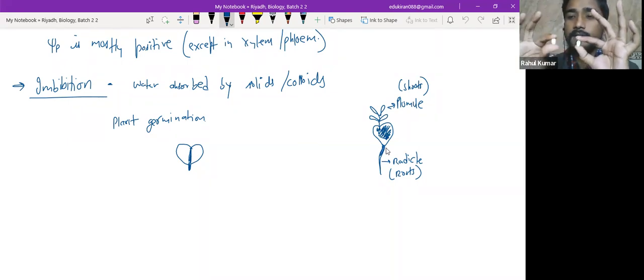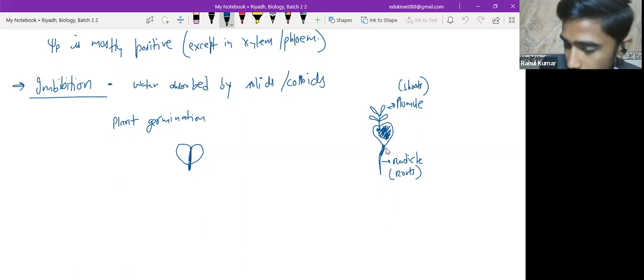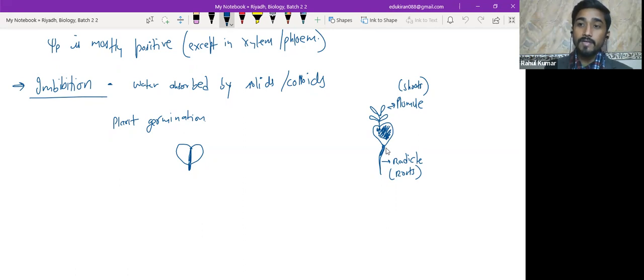Now these parts are called the cotyledons of the seed, and they have all the energy that is required by the growing plant till the plant becomes mature and has leaves with chlorophyll and can start doing photosynthesis.